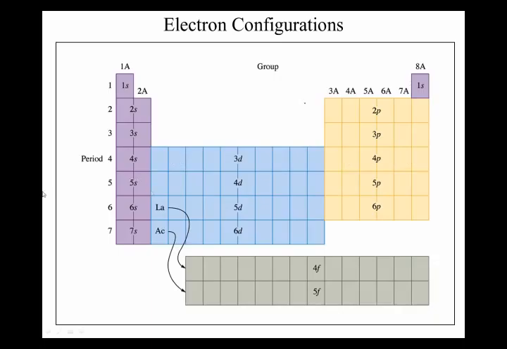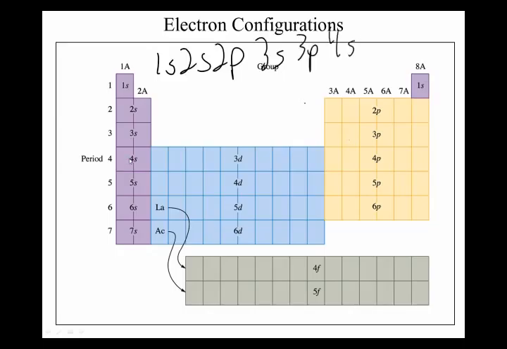So the reason I know what the order is, I just go, we start at 1s. And then after 1s, we go to 2s. And then we go to 2p. And then 3s. And then 3p, right? And then 4s.